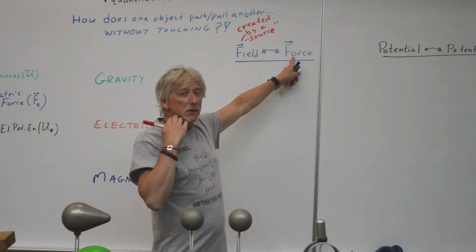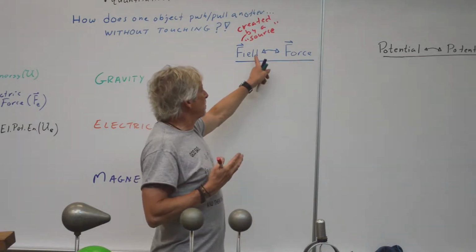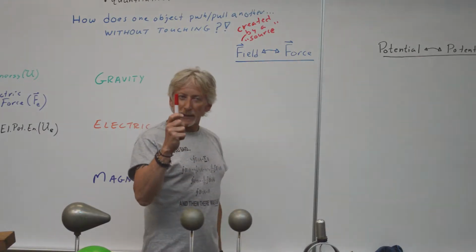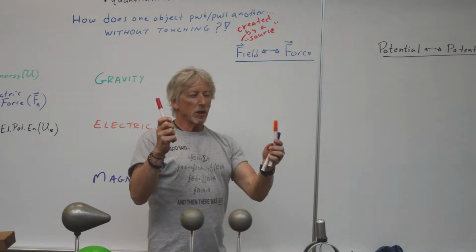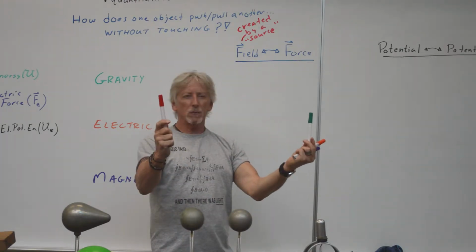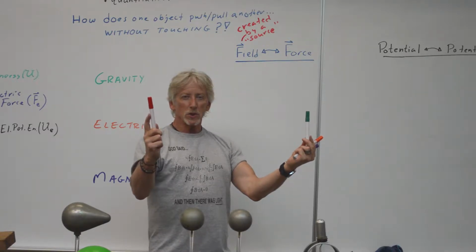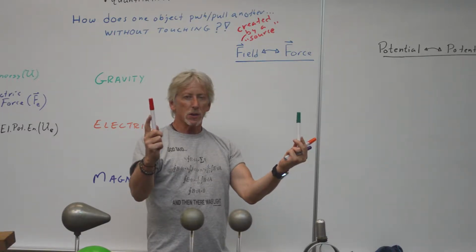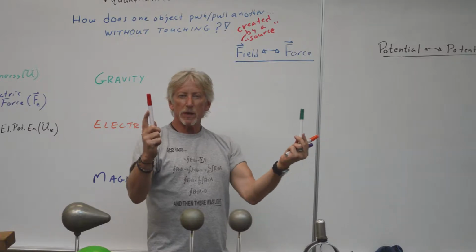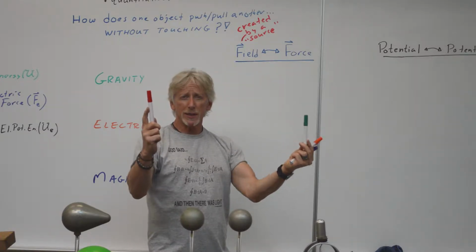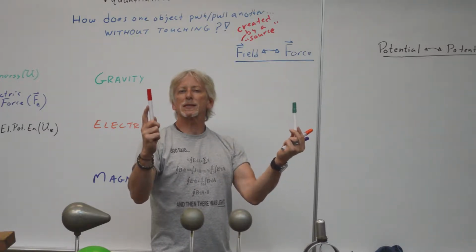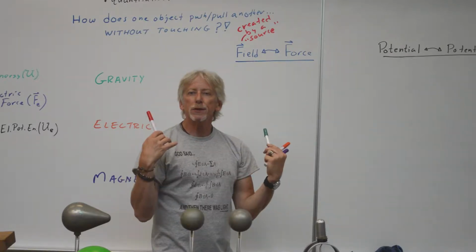If it doesn't have ears, it can't respond to the sound field that's at that location. Come here, red pen. Come here, green pen. They're each getting vibrations, and you can actually measure that. But they don't respond because they don't have the property necessary to respond to sound, namely ears.